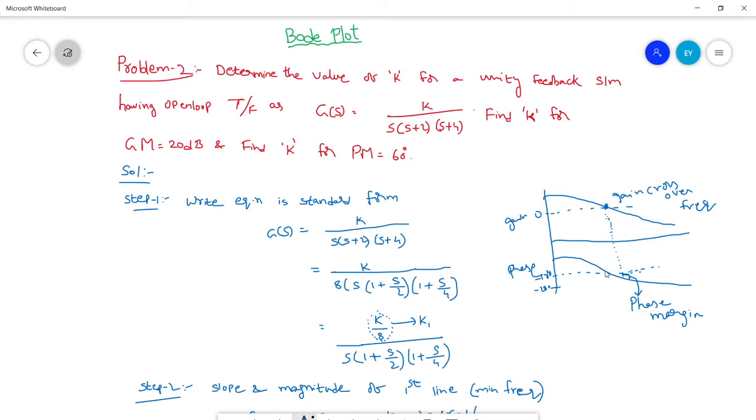Similarly, when you draw a perpendicular from the phase crossover frequency, this is the point where the minus 180 degrees line touches the phase plot. This is called the phase crossover frequency. If you draw a perpendicular from here, it will touch the gain plot somewhere here.